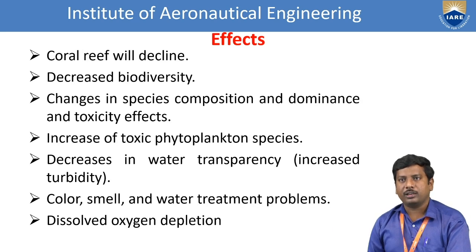Coral reefs will decline and biodiversity decreases. Changes in species composition and dominance, and toxicity effects, an increase of toxic phytoplankton species, decreases in water transparency, that is, increased turbidity of the water, color, smell, and water treatment problems, and dissolved oxygen depletion.